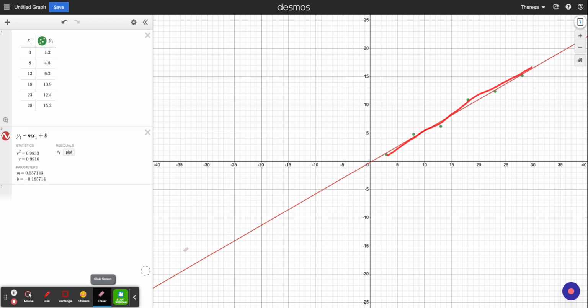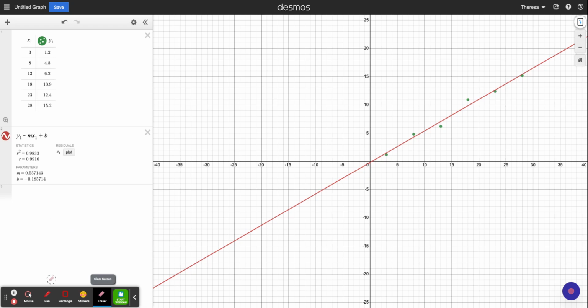Now I'm going to erase my little connect the dots line here for you. And you can see that Desmos has drawn a line, and it's pretty close to the green dots. So I am now able to write my equation of best fit.